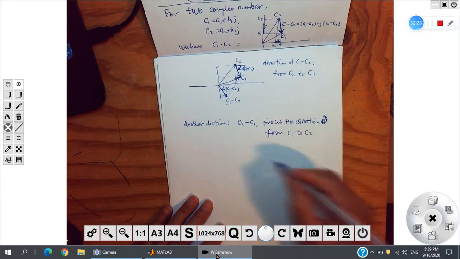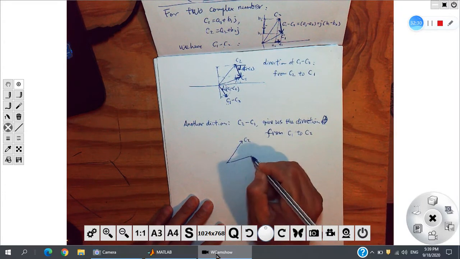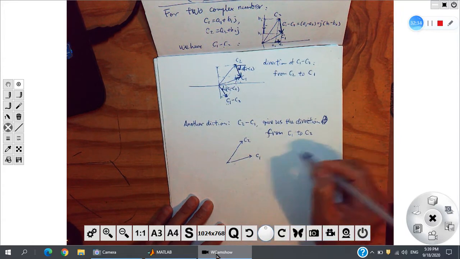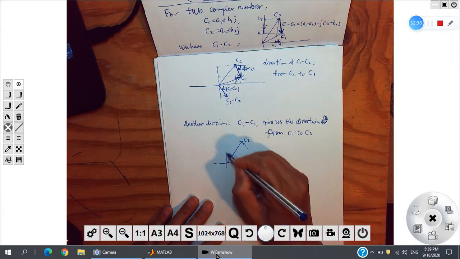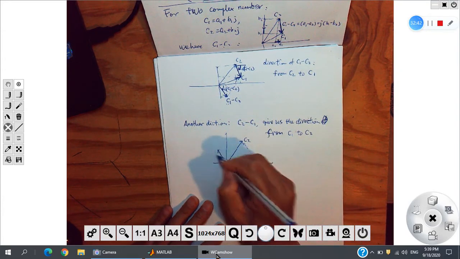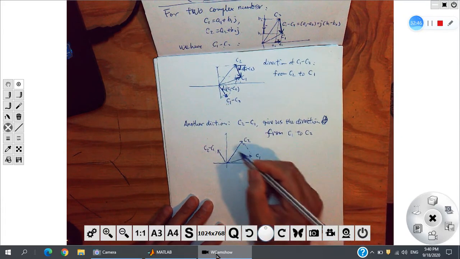Like this is C2, this is C1, then C1 minus C2 will be this direction, and C2 minus C1 is this direction.